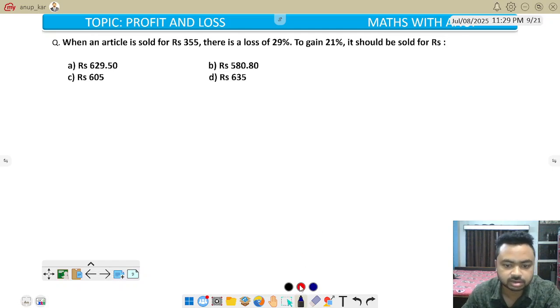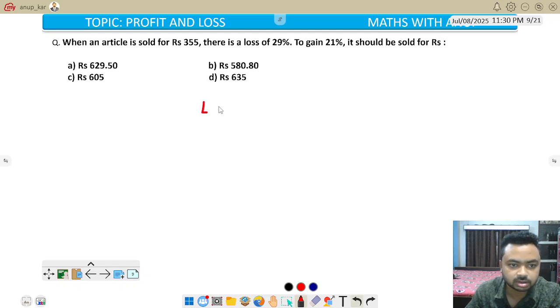Here it is given that when an article is sold for 355, there is a loss of 29%. To gain 21%, it should be sold for what rupees? It is the same as the previous question. So let's solve it.